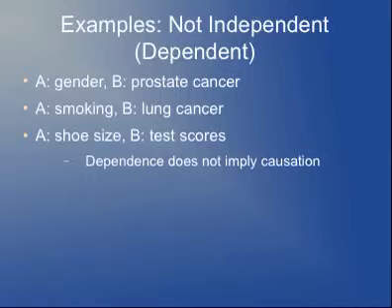And likewise, lest we imply that dependence implies causation, shoe size and test scores, to give one of my favorite examples, are not independent among children. Older children tend to have larger shoe sizes and higher test scores, so they're not independent, even though there's no causal relationship between the two.